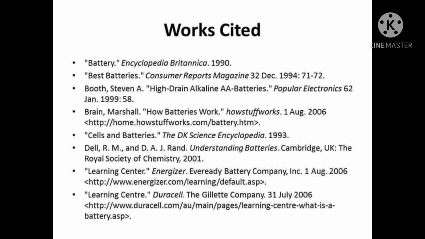And then Stephen A., "High Drain Alkaline AA Batteries," Popular Electronics, June 1999. These statements are examples of the works cited in your research, and you can read them if you want.